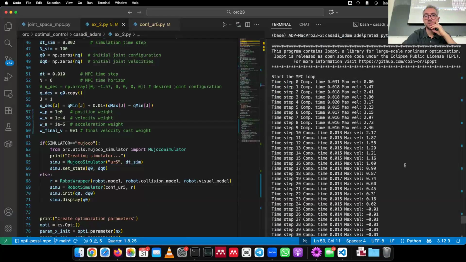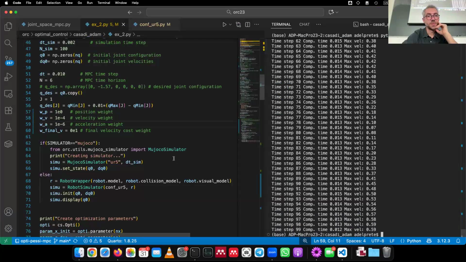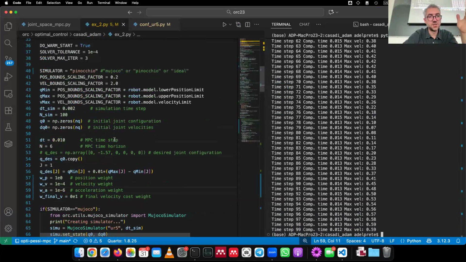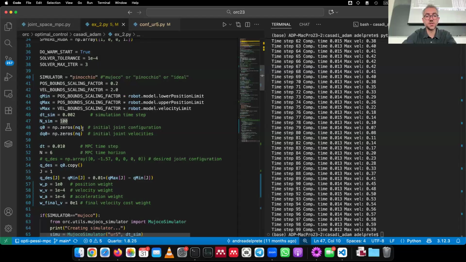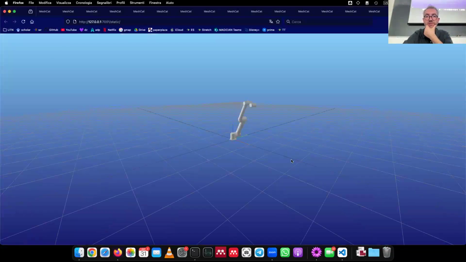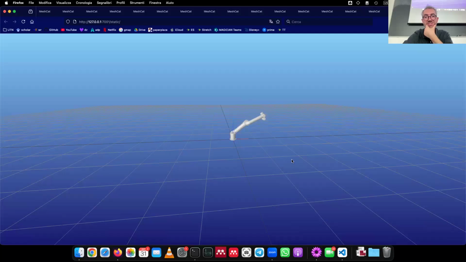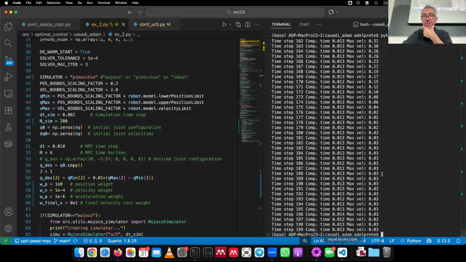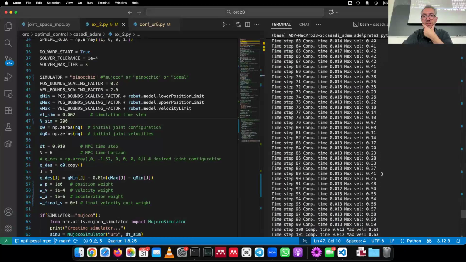And indeed, we are not reaching the target. So let me check, just as a sanity check, that if we let it go for longer, we eventually reach it. No. It overshoots a lot back and forth, and we never reach the target.